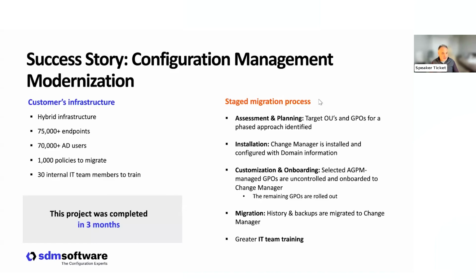We often see folks with over 75,000 endpoints, over 70,000 AD users. We've seen some corporations that have 1,000 policies to migrate. We've seen some that have 4,000. 30 internal IT team members to train.